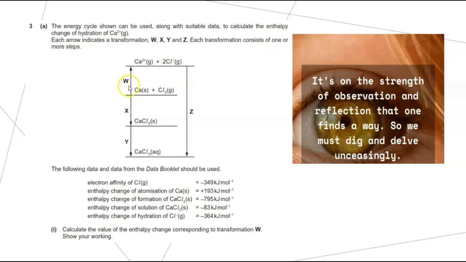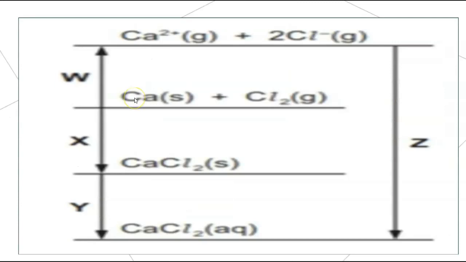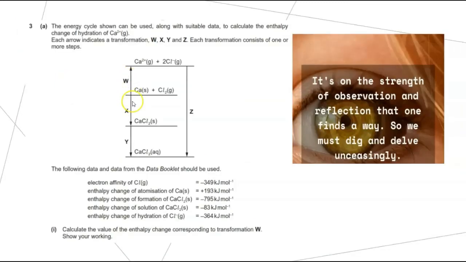So see W, X, Y, and Z. You just need to observe and focus on what the transformation is. And we just need to check which thing is converting into which thing.